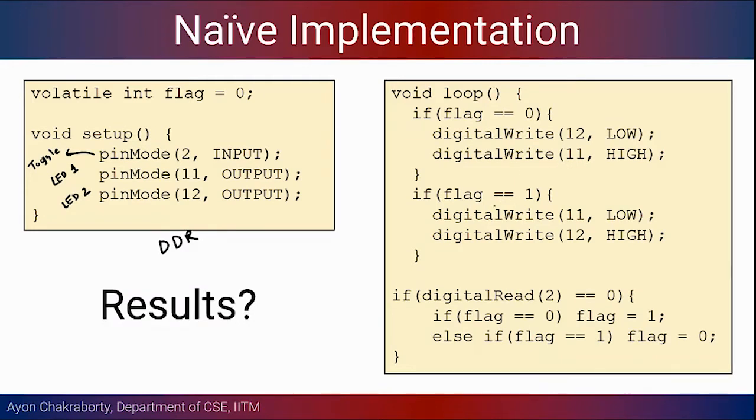We are just using the same port here for the digital writes, and if the flag is 1, we are doing the other way around, right? We are basically turning off the other LED and turning on the LED that is connected to the 12th pin. So exactly the opposite thing we are doing.